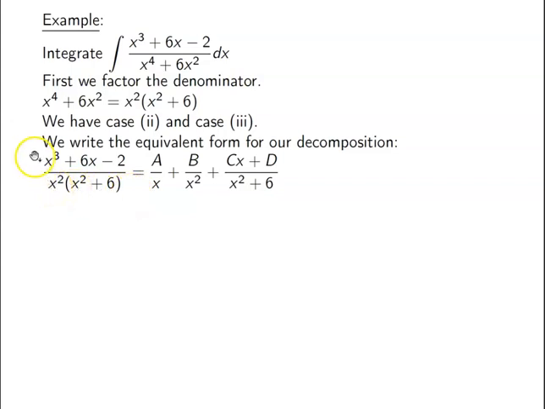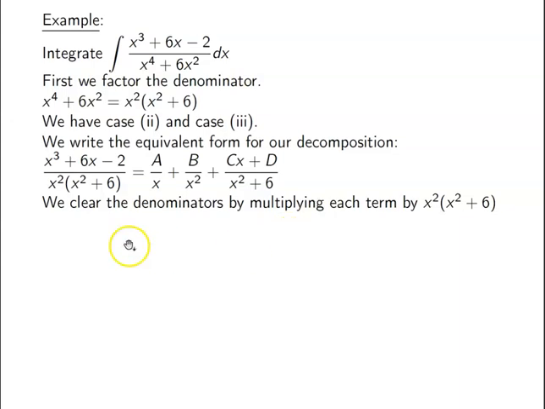I will multiply the numerator here times the denominator. And I'm going to multiply this numerator times this entire denominator, this numerator times the entire denominator, this numerator times the entire denominator. Basically, what I'm doing is I'm multiplying this on the left-hand side of the equation and the right side of the equation.